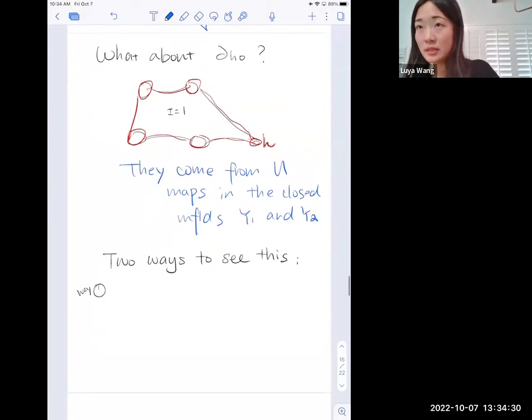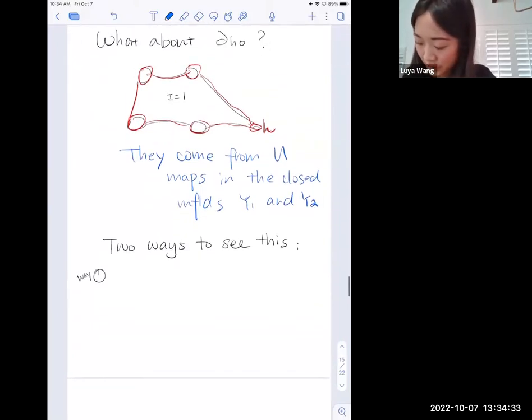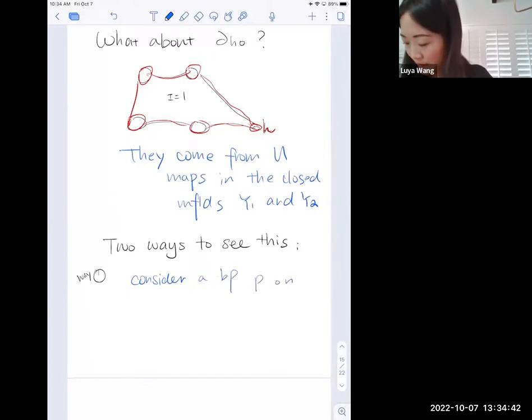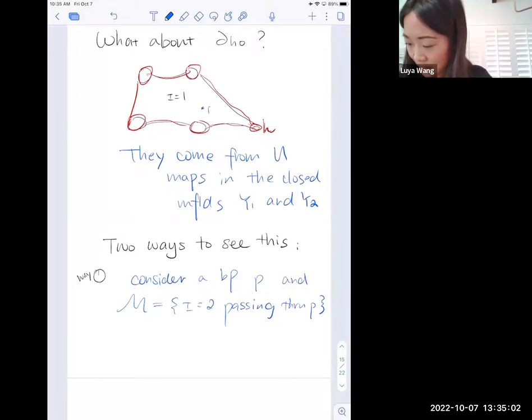And there are two ways to see this. I guess the more natural way is you consider a base point P and the moduli space of index 2 curves passing through P. So this is just the usual definition of the U map. And then you move this P onto one of the planes.